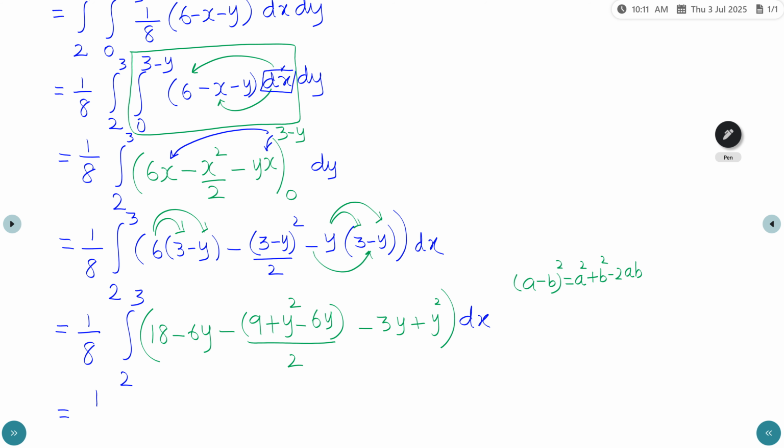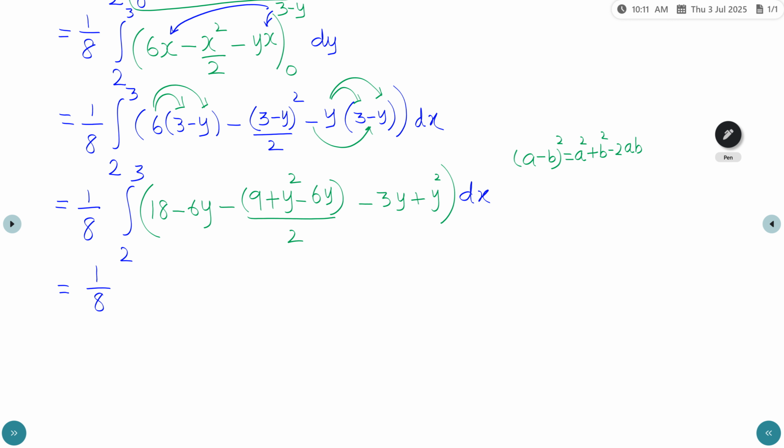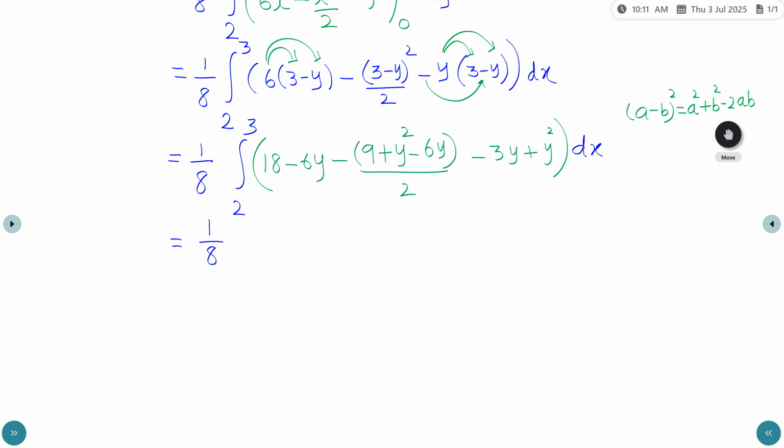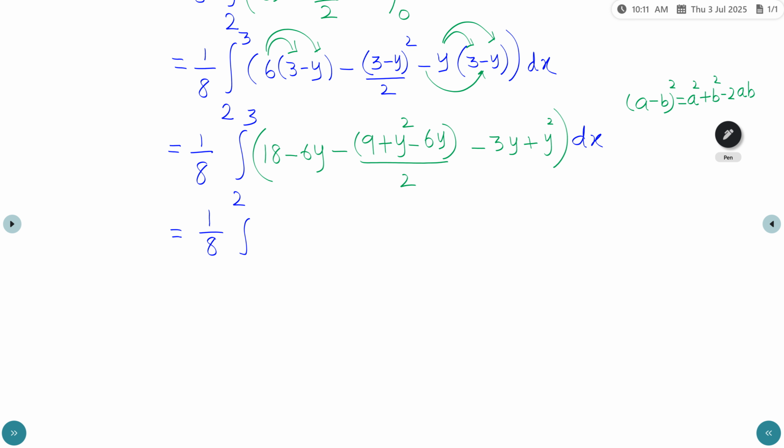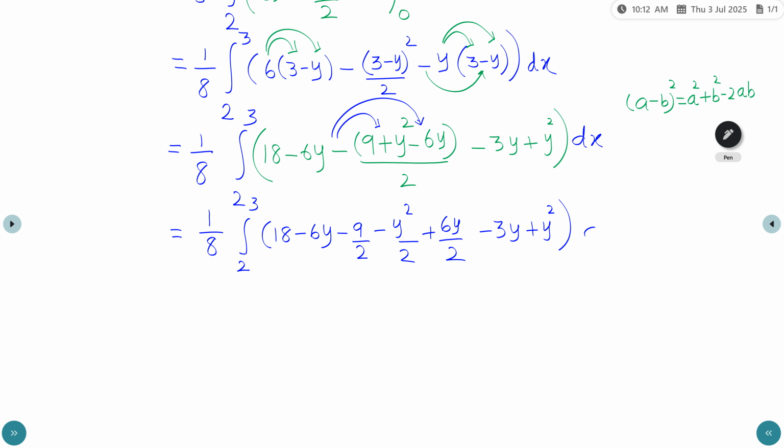Next step, 1 by 8 into integral over 2 to 3 of 18 minus 6y minus 9 by 2 minus y squared by 2, minus into minus plus 6y by 2, minus 3y plus y squared, dx.